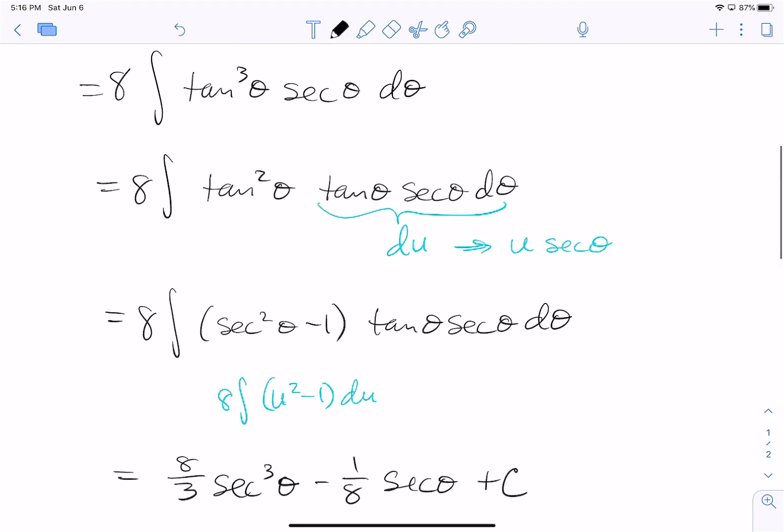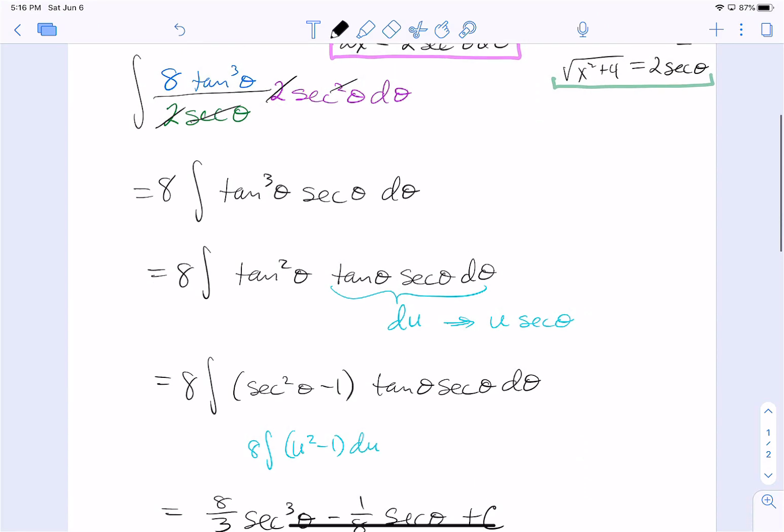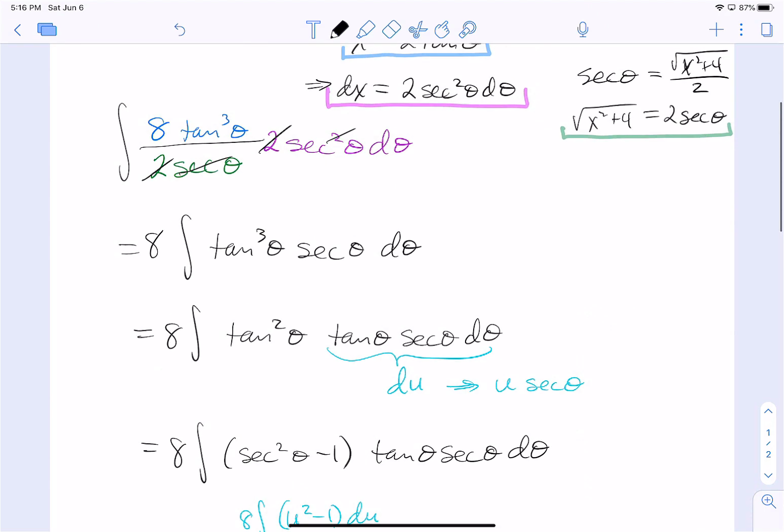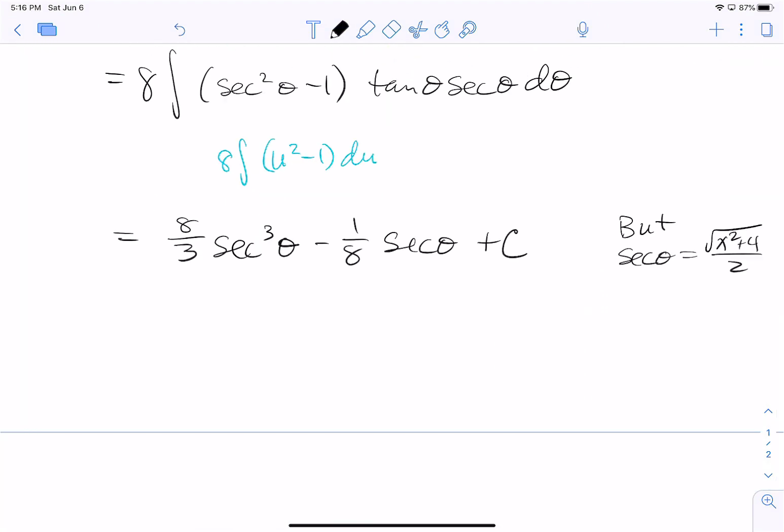Looking back at what we had when we looked at the triangle, we can see that the secant of theta is equal to the square root of x squared plus 4 over 2. So back substituting, we have 8/3 times the square root of x squared plus 4 over 2, the quantity cubed, minus, and you know what, that 1/8 should be 8.